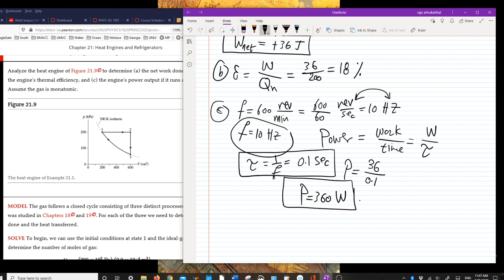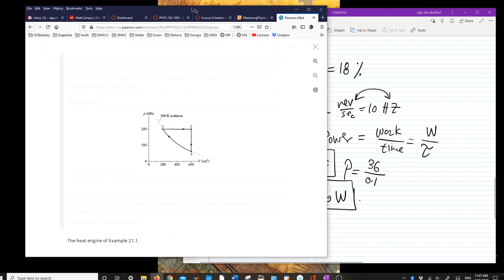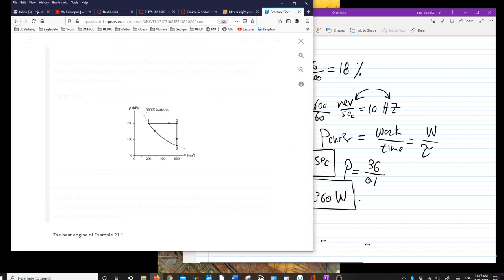Let's see. I'm looking for something not too easy, kind of a middle difficulty. Let's do number 14. I believe it's homework, I'm not sure. I have it marked here. Let me look at the book, number 14, and go to this problem in the ebook.